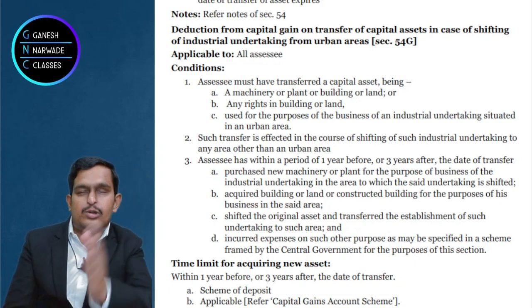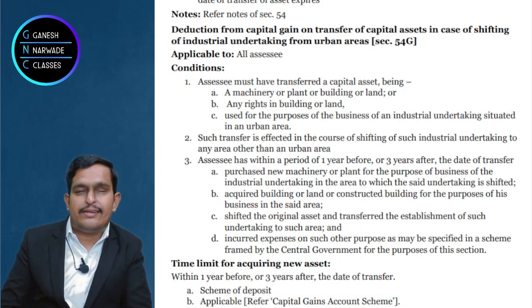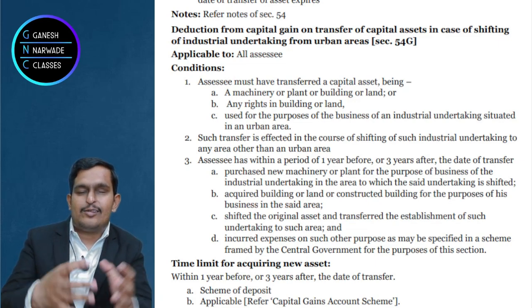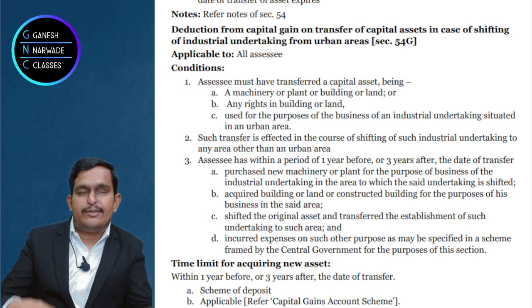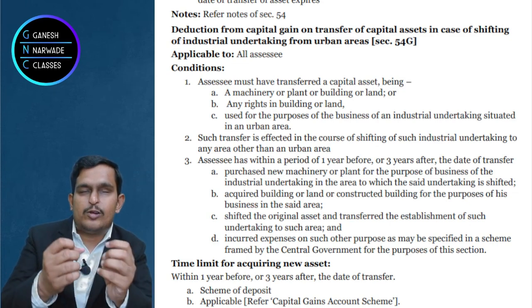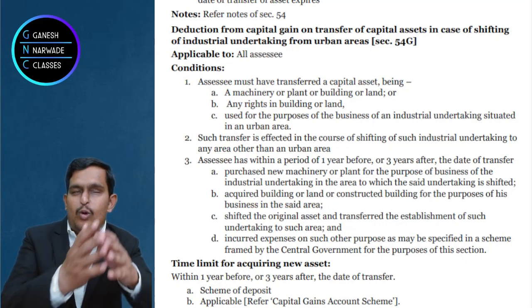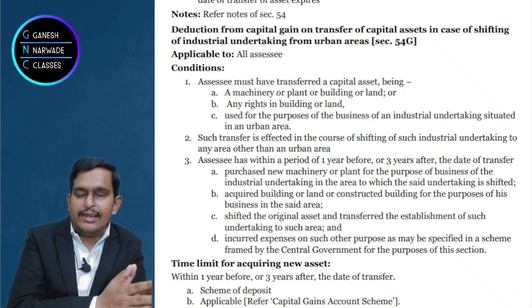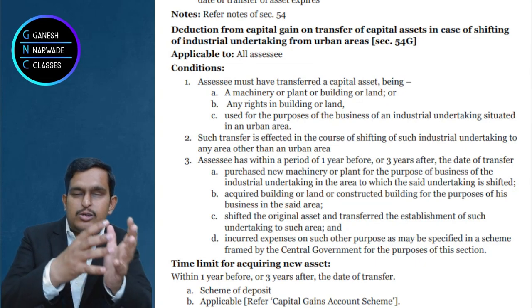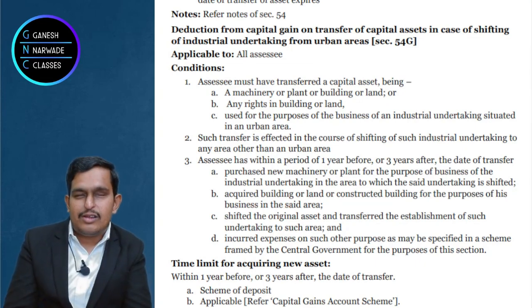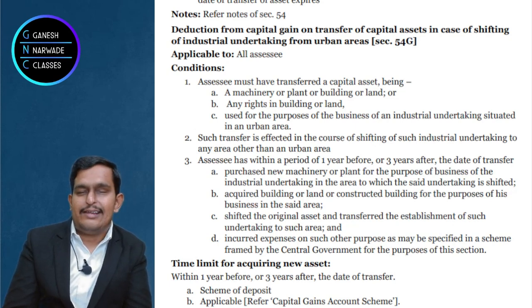And when you go to the rural area, new plant should be purchased, new machinery should be purchased, right? Land should be purchased, building should either be directly purchased or constructed, correct? Or old plant and machinery of the urban area can also be brought to rural area, and certain expenditures approved by the central government.